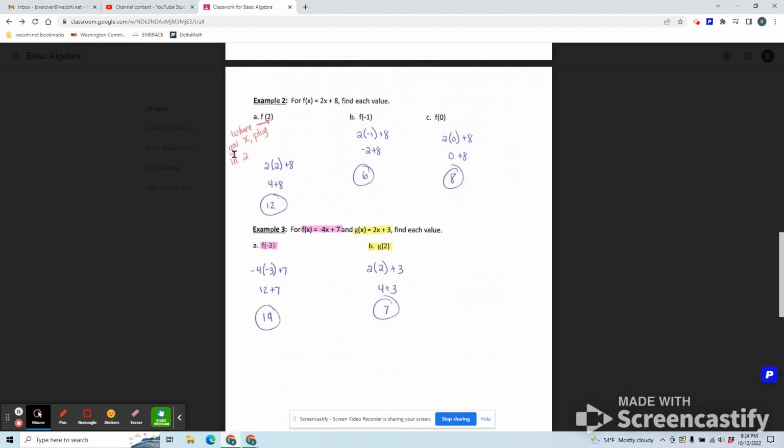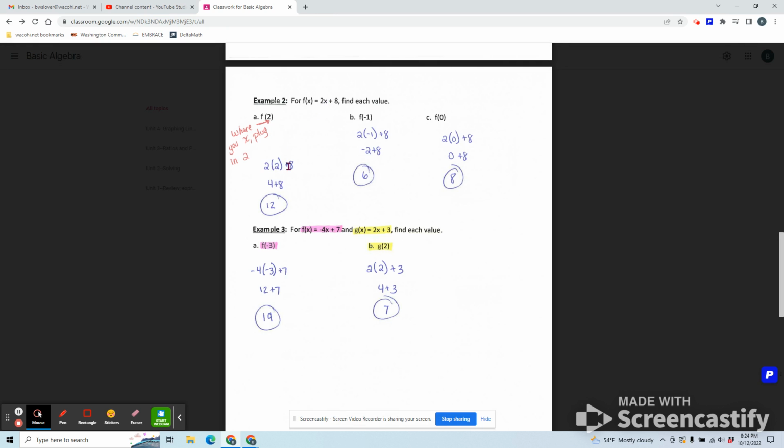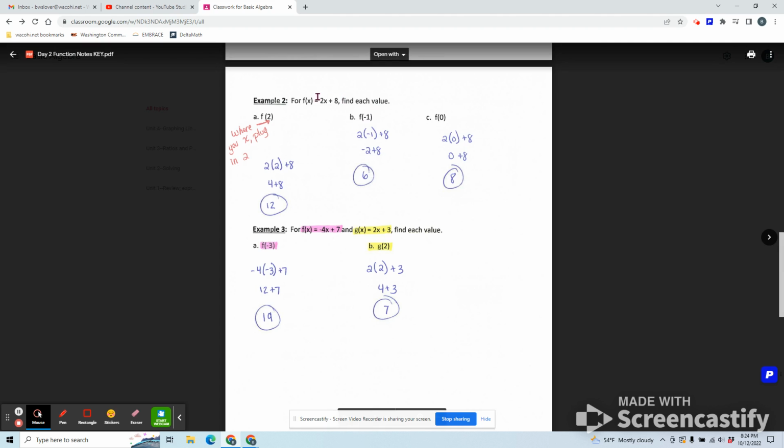Where you see an x, you're going to plug in 2. 2 times 2 plus 8, and then I follow the order of operations. Same thing over here. Now it's telling me x is -1. So I plug in -1 where I see an x and I perform my order of operations.